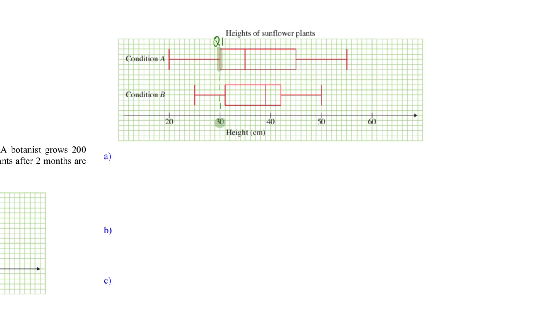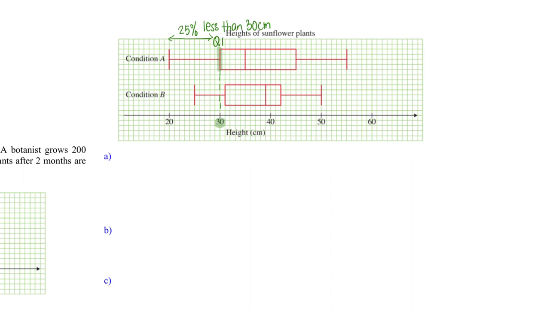Well, this means something. This means that I will have 25% of the plants less than, in this case, 30 cm.